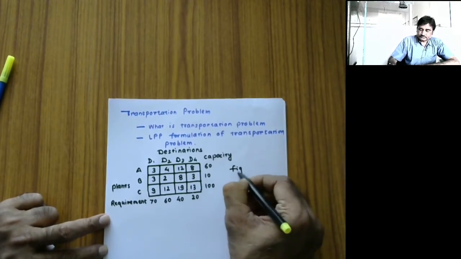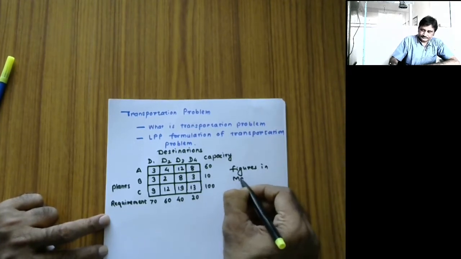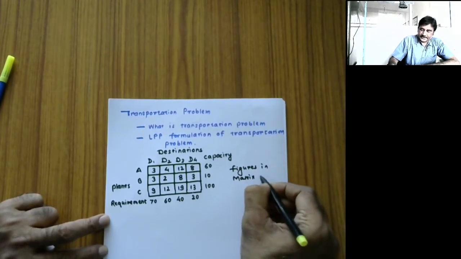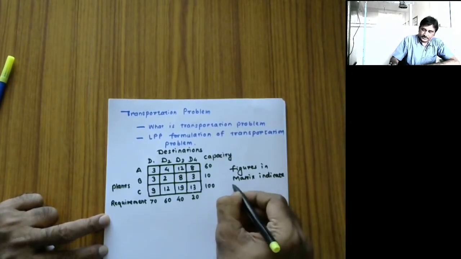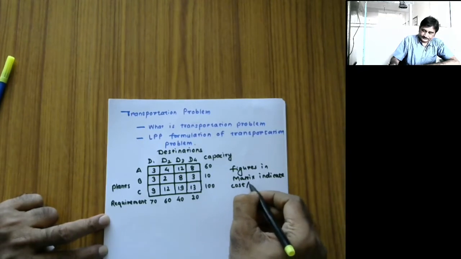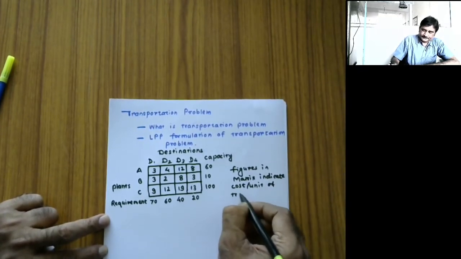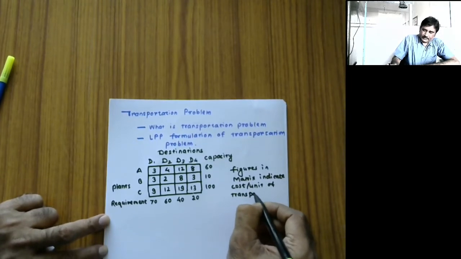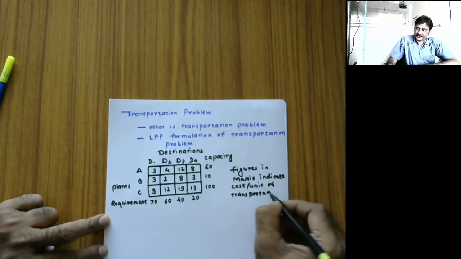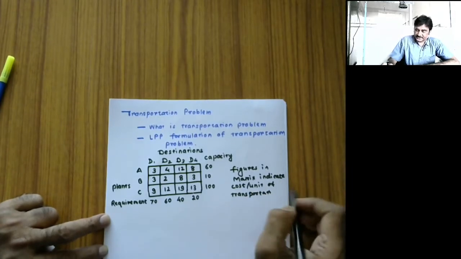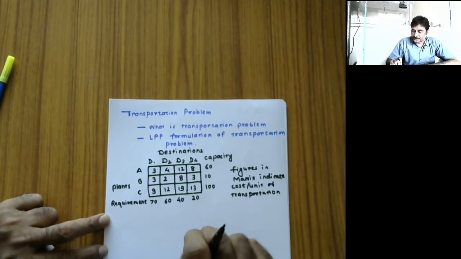Figures in matrix indicate cost per unit of transportation. So, for various combinations of plant and destination, this matrix is giving you the cost per unit of transportation.